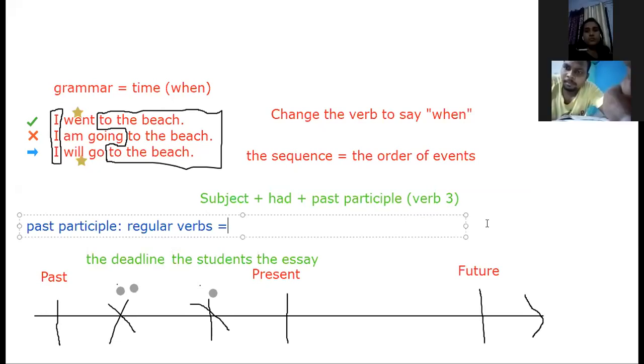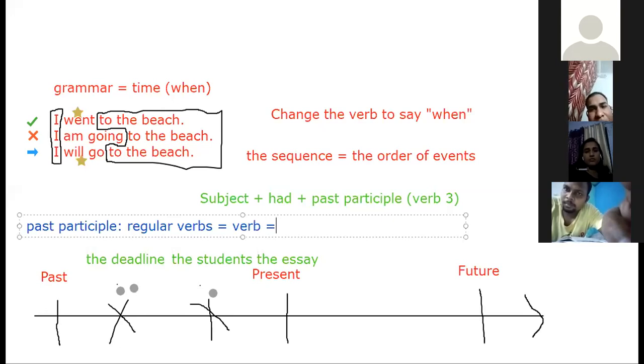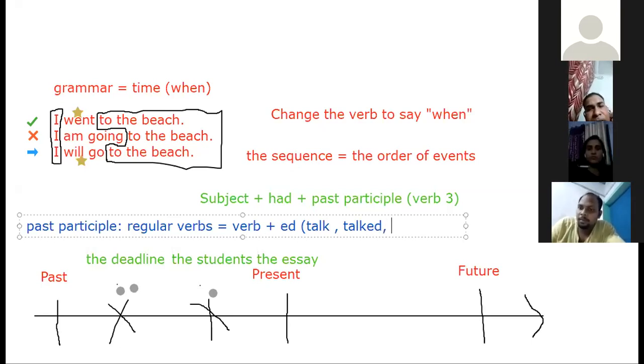Regular verbs. So it's when we just add ed at the end of the word. Exactly. Right? So the past participle is when we just add ed to the end of the verb for regular verbs. So for example, talk, verb 1, talked, verb 2, past tense, simple past, participle for all regular verbs, verb plus ed.